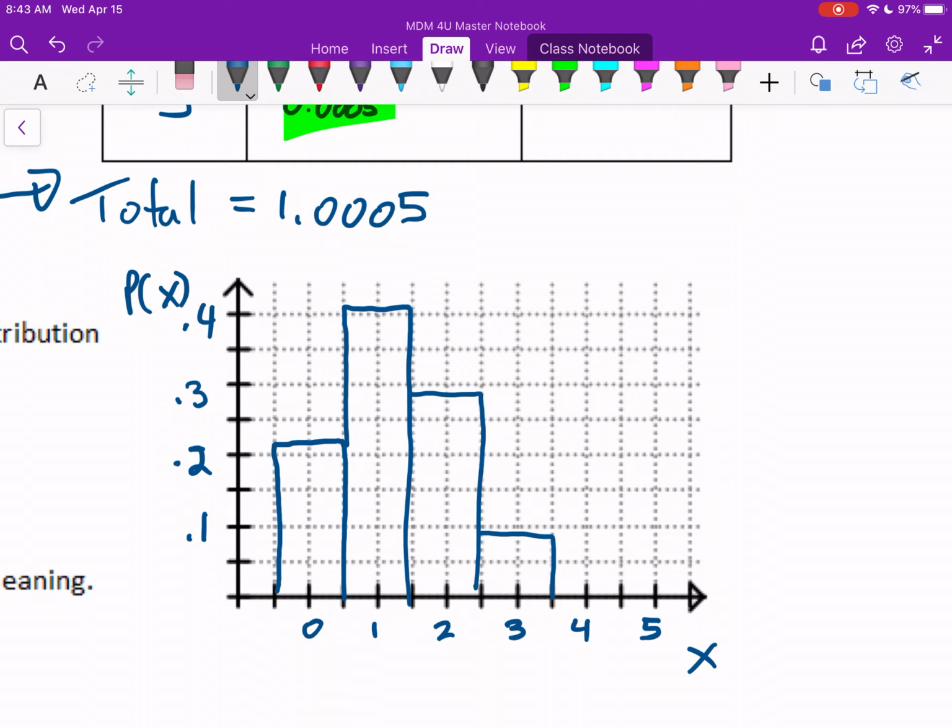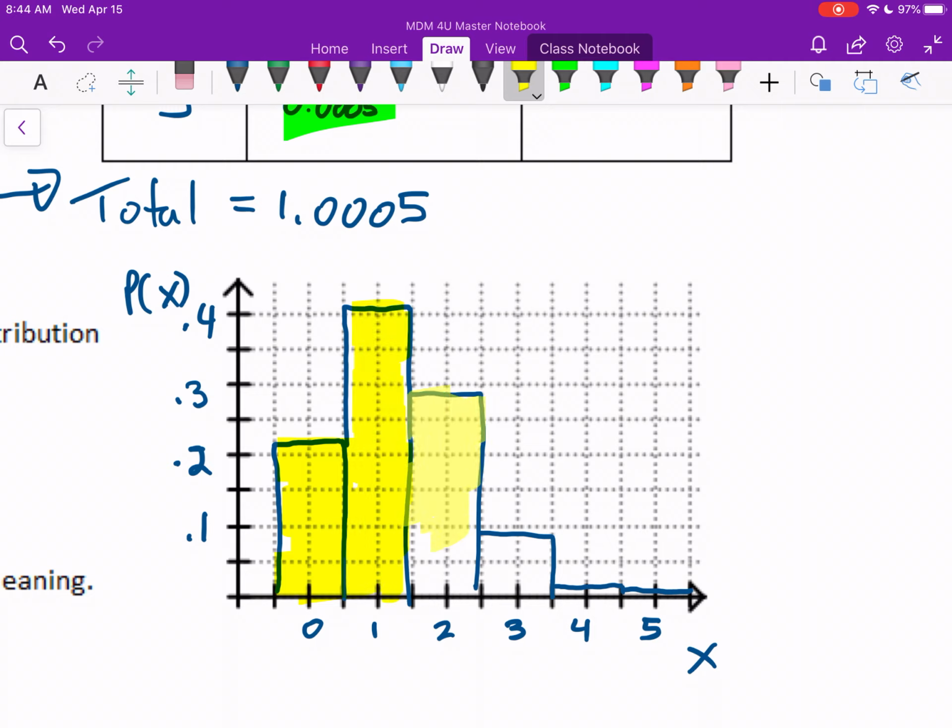I'm not being super accurate. I'm not trying to be inaccurate, but it's kind of hard to be too precise. So there is my probability distribution. Color in a little bit so we can see it better.